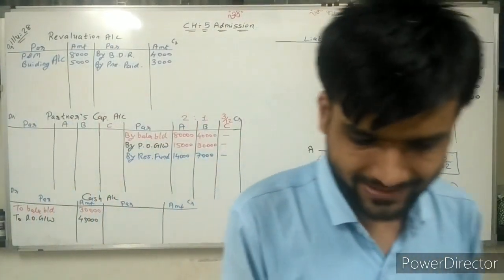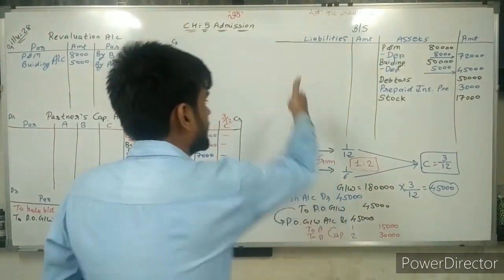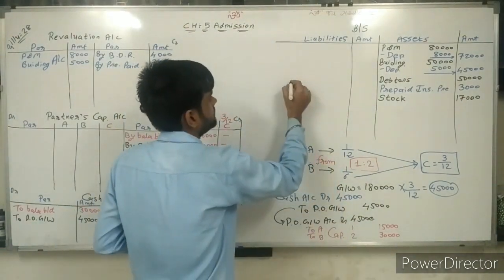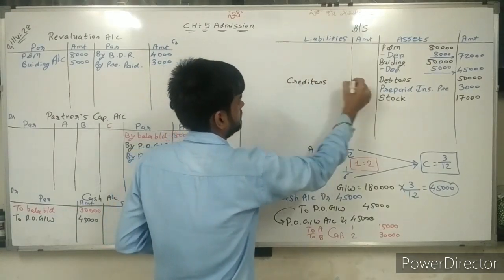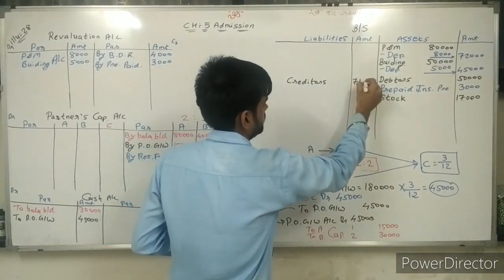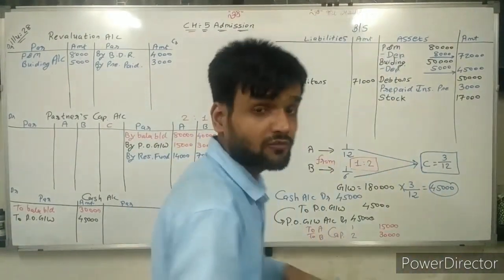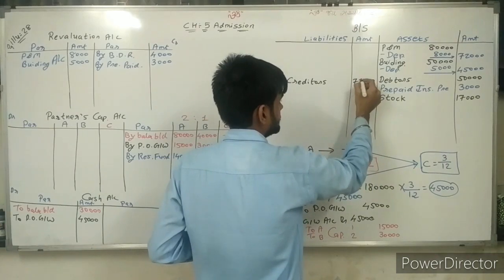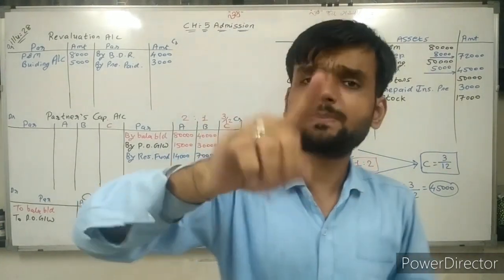Going to the next one. Creditors. Sir, 75,000 creditors given. Write down creditors as it is, 75,000. Bills payable 10,000.